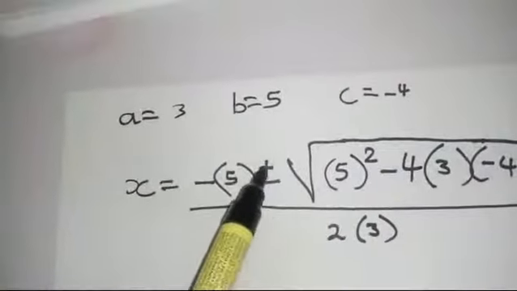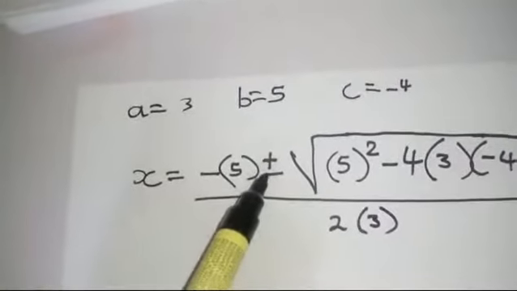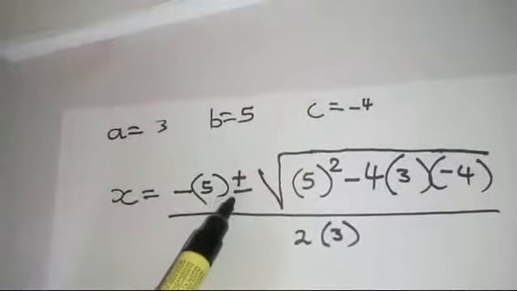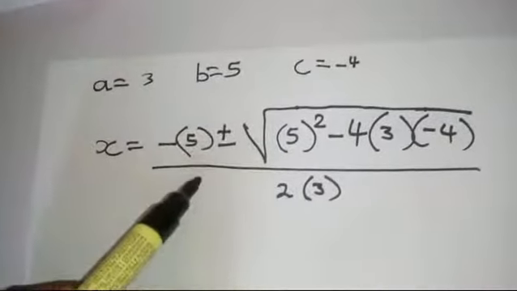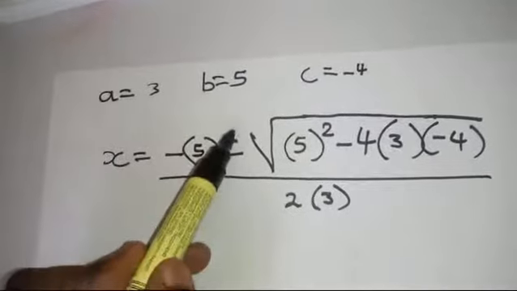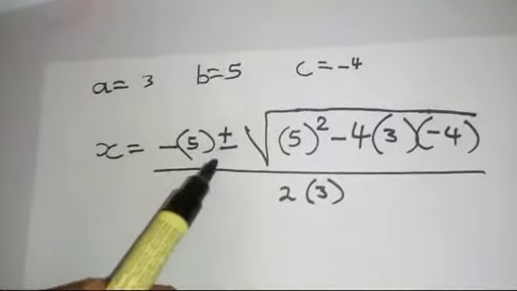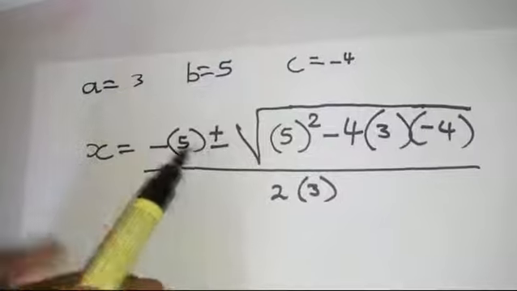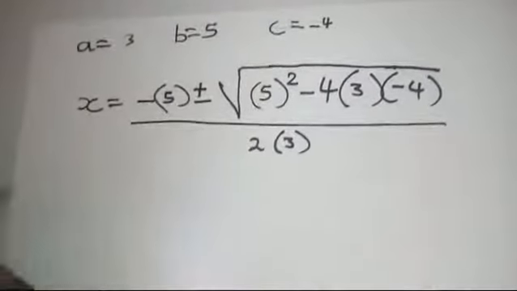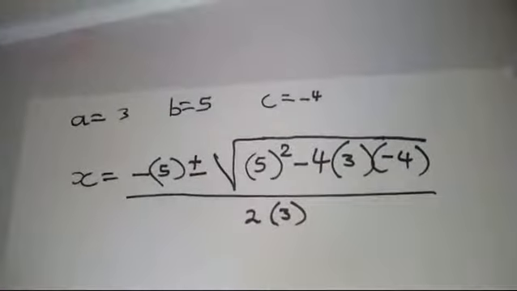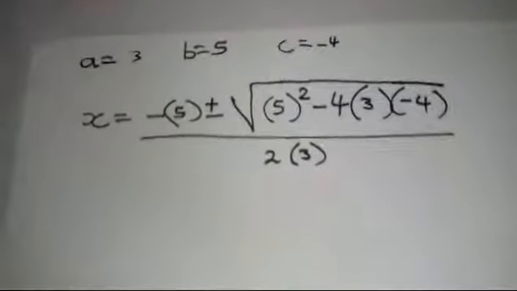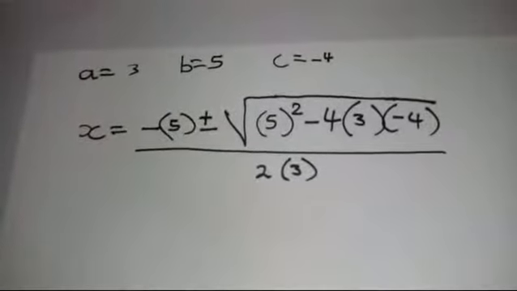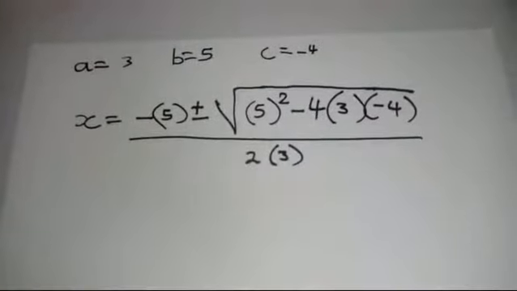This plus or minus sign simply means that you need to punch this into the calculator in two different ways. In the first case, you put it as positive, then in the second case, as negative. Let me take out my calculator and do the calculation.